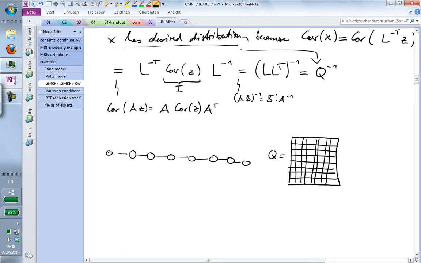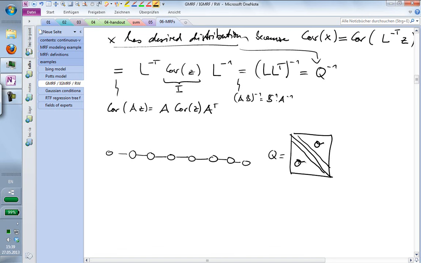Okay. My precision matrix would be non-zero only in, okay, now it depends if I use periodic boundary conditions or not, but the point is it would be a tri-diagonal matrix here. And the rest would all be 0. So all of this is 0.